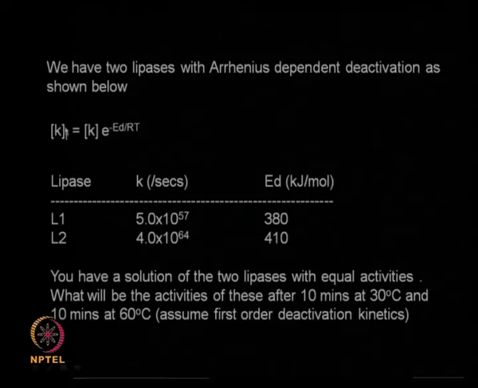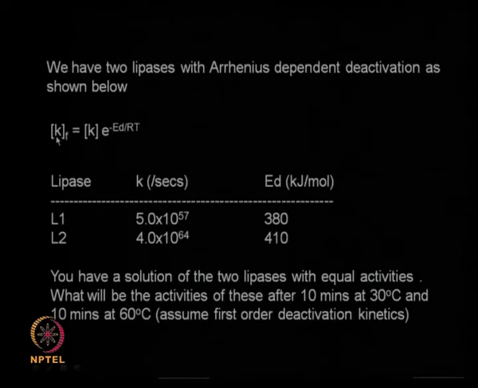The K, that is the rate constant, and then you have another rate constant. The actual rate constant will depend upon the temperature in this fashion, e power minus Ed by RT, correct, where Ed is your deactivation activation energy. So if the temperature goes up, the deactivation is going to be much higher, and if the temperature is low, deactivation is low, that is a normal thing.